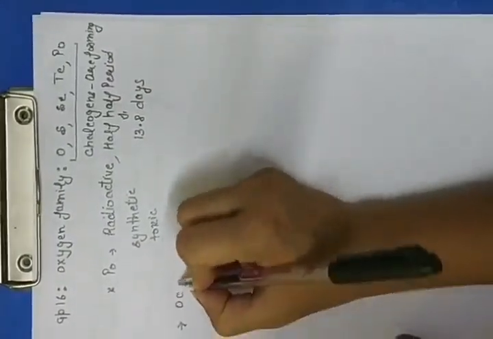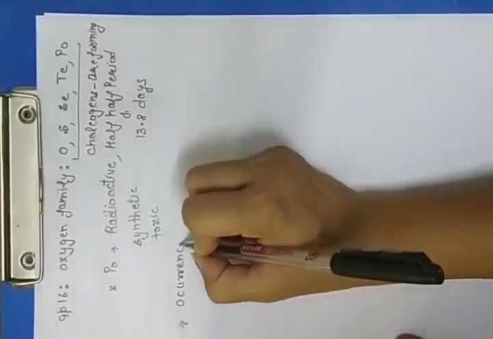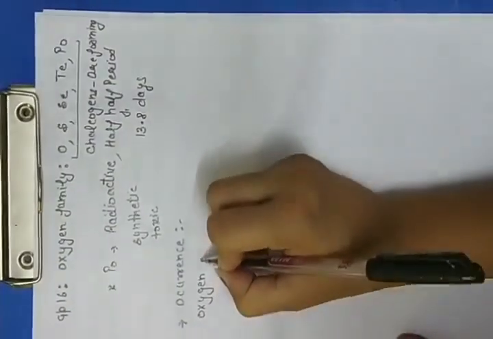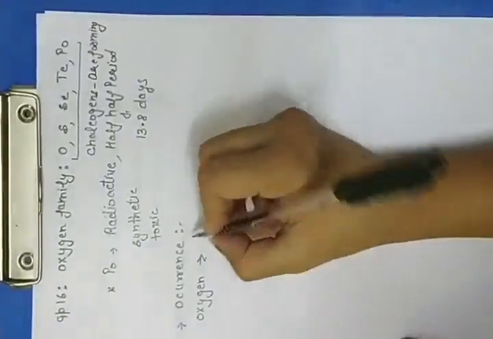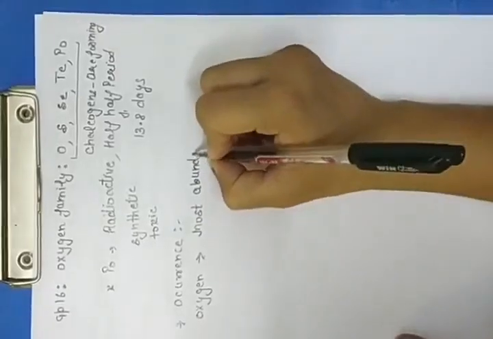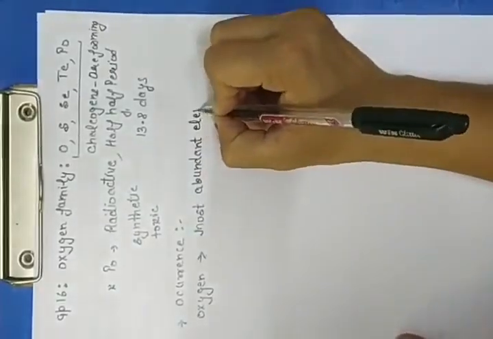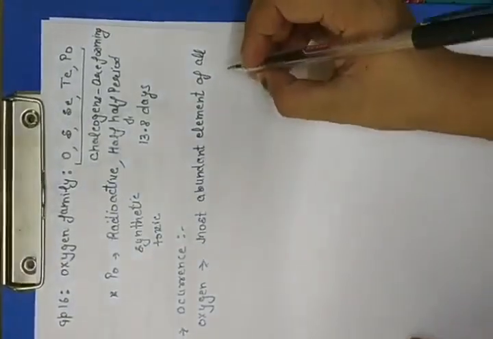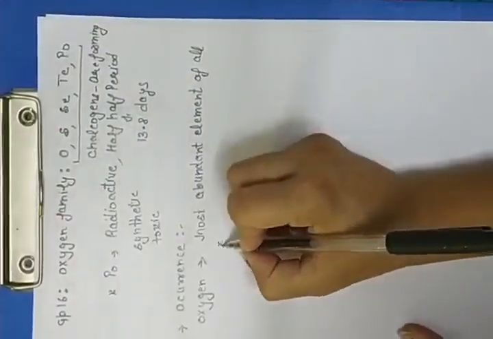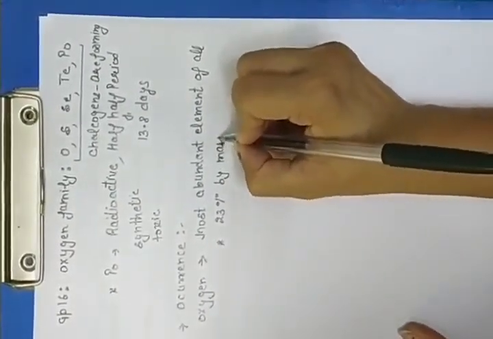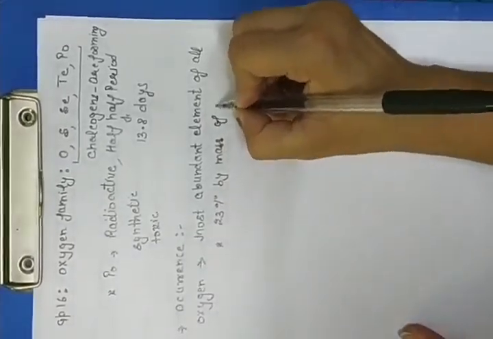So if we discuss their occurrence, the first one is oxygen. It is the most abundant element of all, about 23% by mass of the atmosphere.